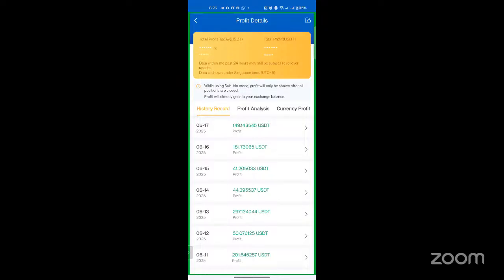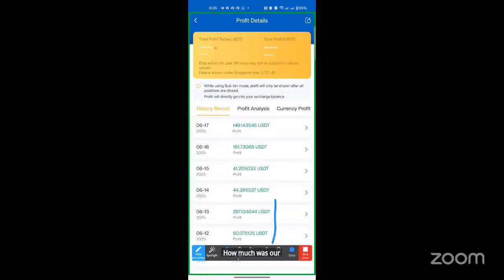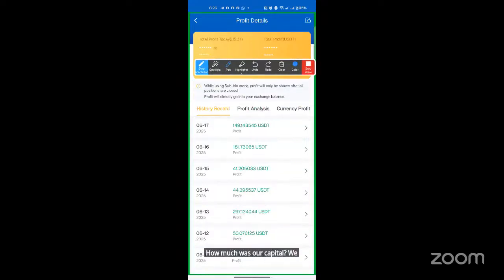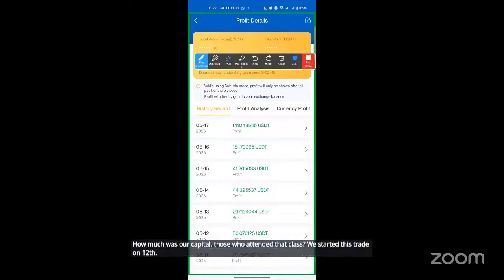Now I'm going to look for another coin. You remember very well, we started this trade on the 12th. How much was our capital? Those who attended that class, we started this trade on 12th.